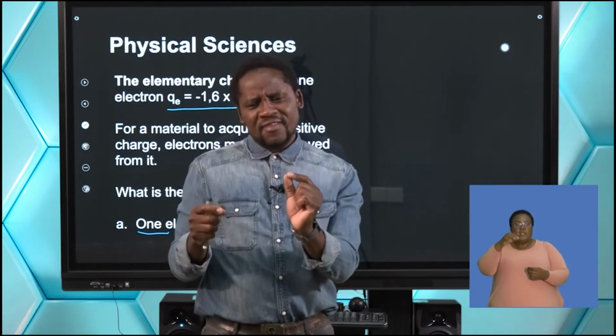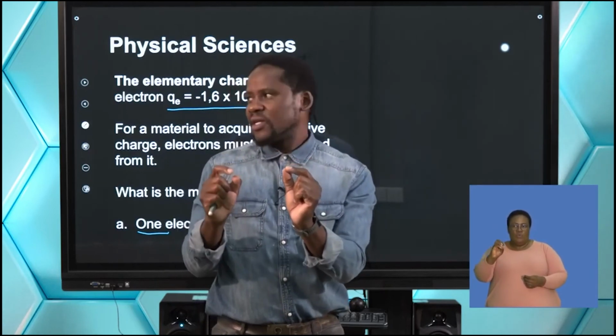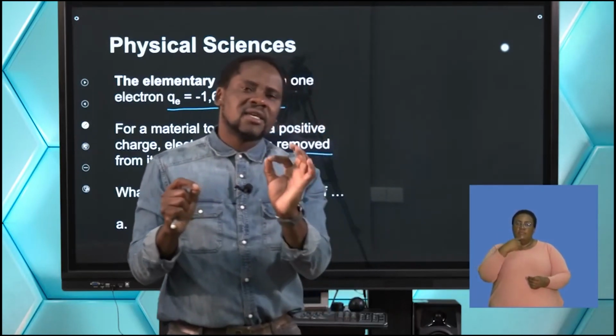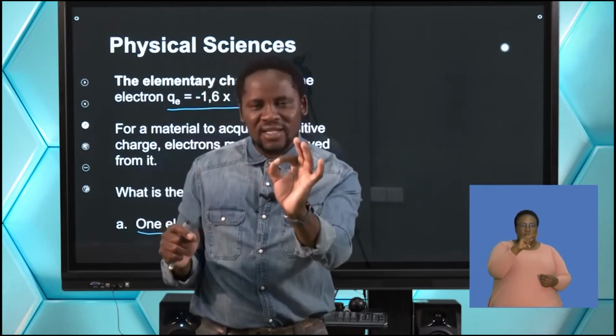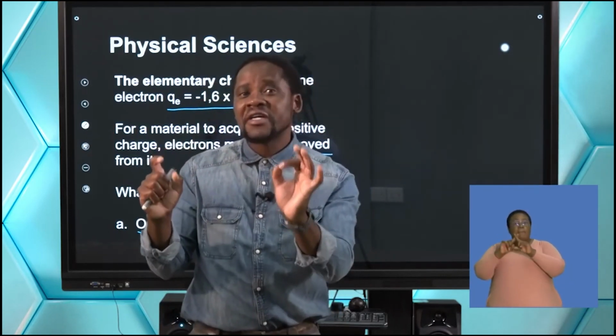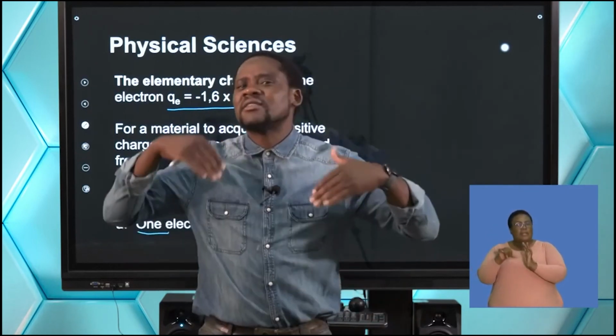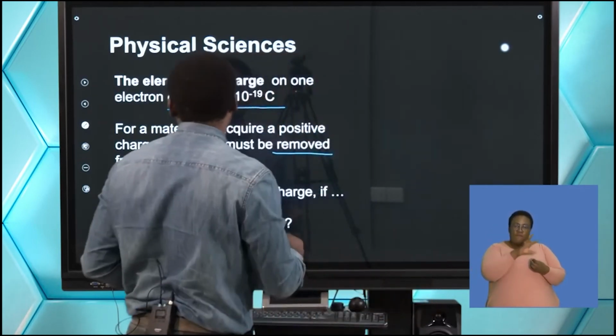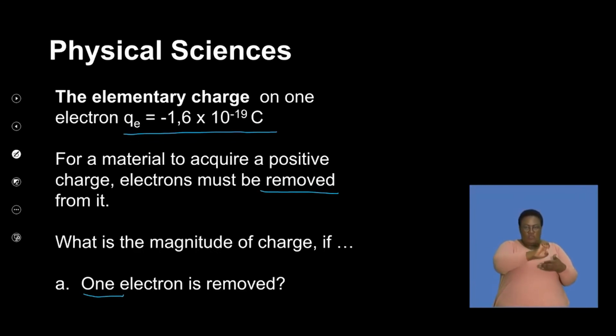If the net charge is 0, it suggests that the charge a proton carries is the same as that of the electron. However, it's positive. That's the main thing. As we remove electrons, it becomes positive. So if we remove one electron, Q, the charge, is equal to N, which in this case represents the number of electrons removed, multiplied by the charge of an electron.